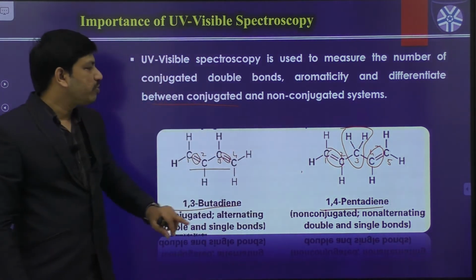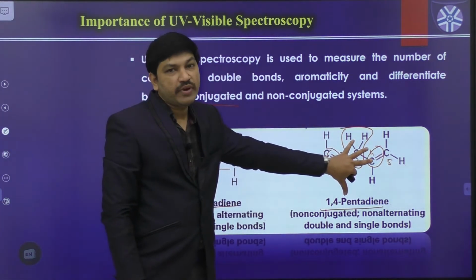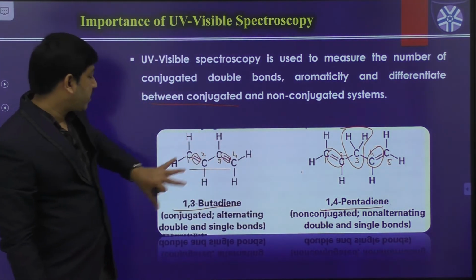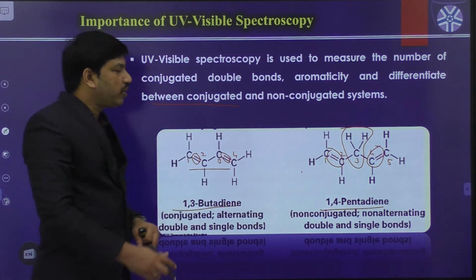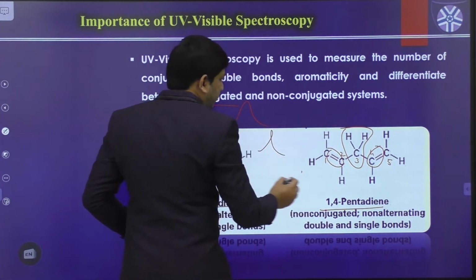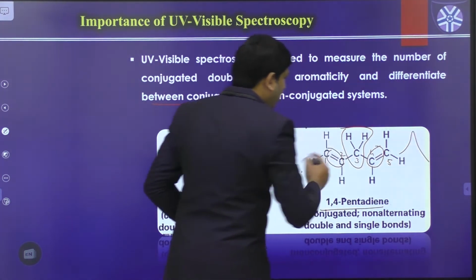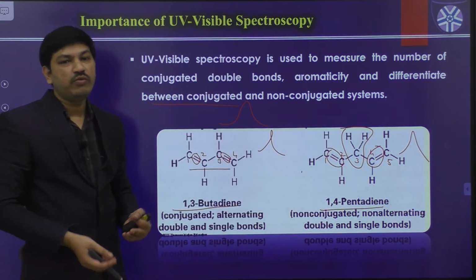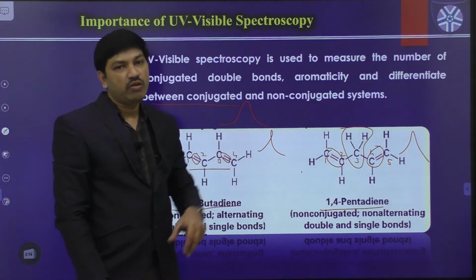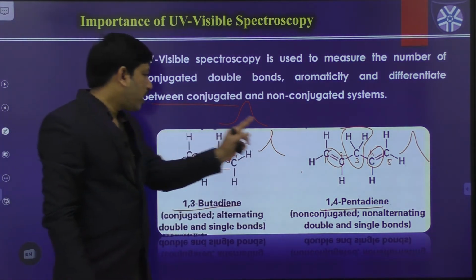UV visible spectroscopy provides different absorption spectra for 1,4 pentadiene, and it will produce different spectra for 1,3 butadiene. So from the absorption peak value we can easily distinguish which one is the conjugated system and which is the non-conjugated system. So like this.